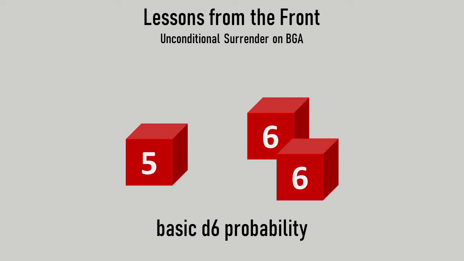Do you need me to cover the basics? Well, try answering this question. You need to roll one success, and I offer you the opportunity to do it by rolling a single die and getting a success on 5+, or rolling 2 dice and getting success on 6. Which one would you choose?